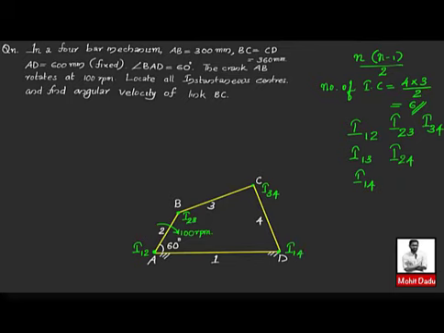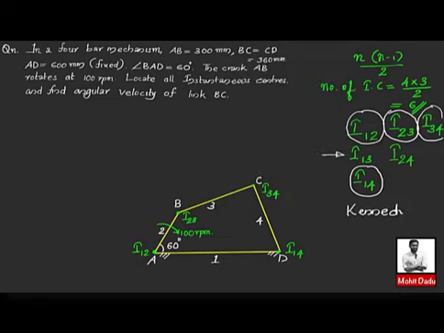So out of these 6 instantaneous centers, already I12 is marked, I23 is marked, I34 is marked, and I14 is marked. So remaining are I13 and I24. How you can locate these, for which you will be using Kennedy's theorem. You know that according to Kennedy's theorem, if 3 bodies are having relative motion, then their instantaneous centers will be lying on a straight line.